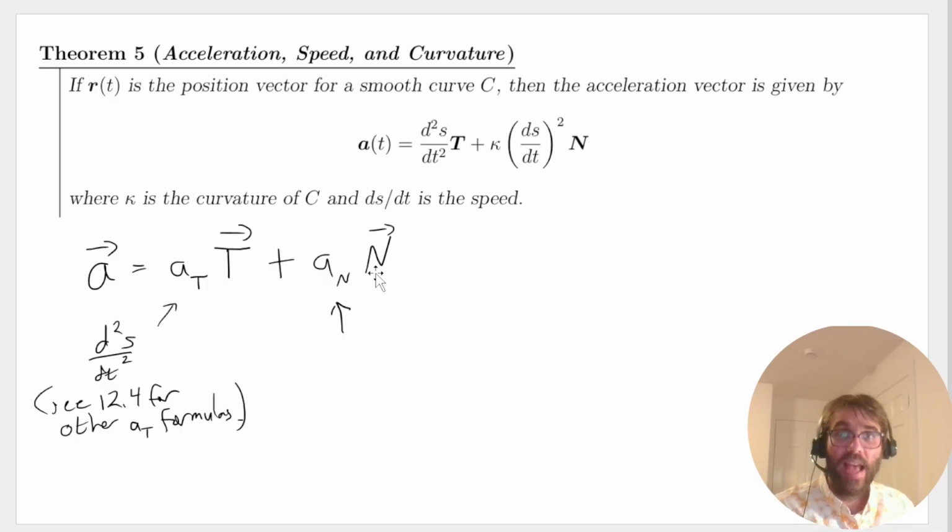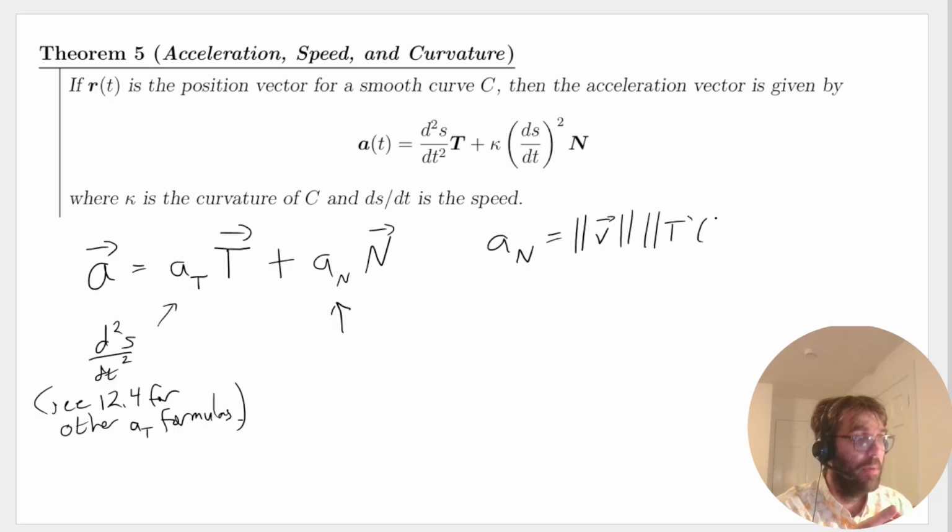And then this a N times the normal vector piece, that is describing how your direction is changing. So it should have something to do with the curvature. Now, we said back then that a N is the length of the velocity vector times the length of T prime of t.